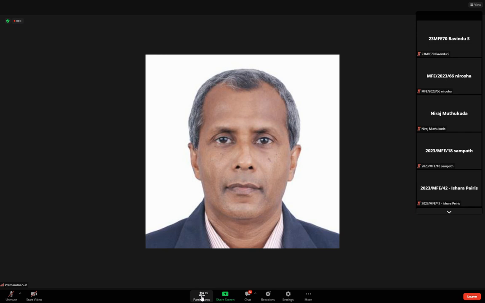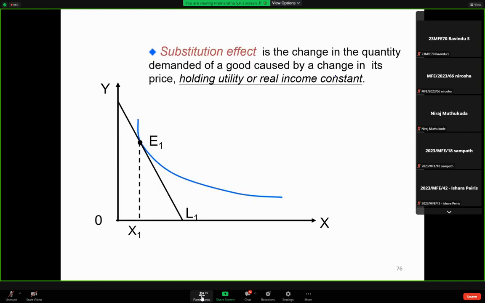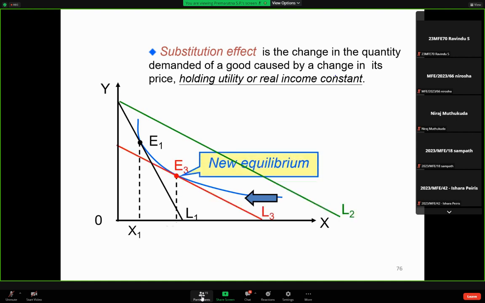Let me quickly show this decomposition again, and next week I will start from this point. Look at what I discussed just now with the support of the whiteboard. The original consumer point is E1. When the price of X is reduced, the consumer moves to the green budget line. With that, we develop the hypothetical budget line, the red budget line here.